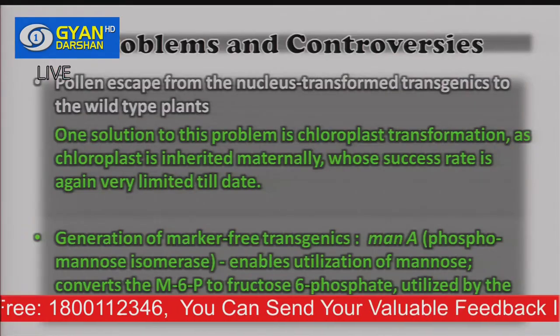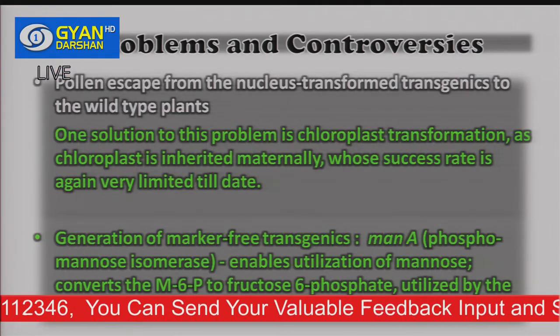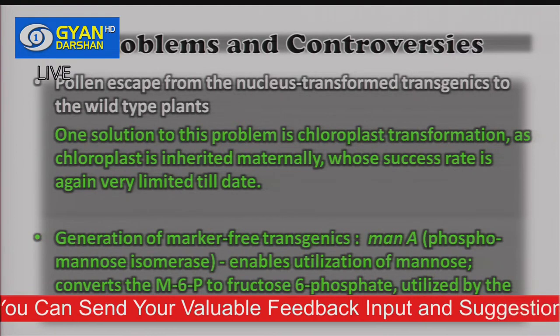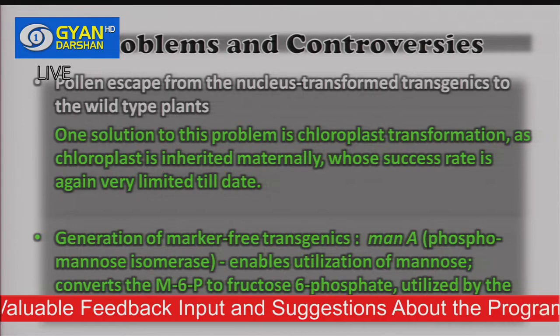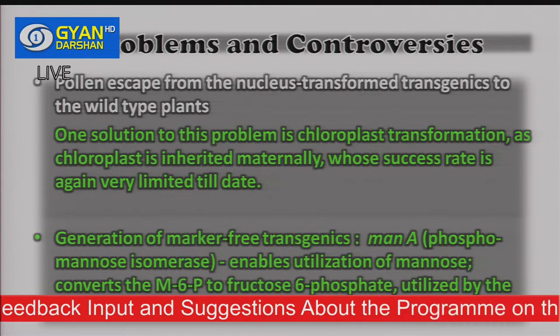But the non-transgenic or wild type plants will be unable to utilize that because the manA gene is not there, and therefore in the presence of mannose the plants will die. So in this case there is no antibiotic resistance gene, but you are still undergoing the selection procedure. Scientists have done that in order to minimize the level of controversy surrounding transgenic plants.